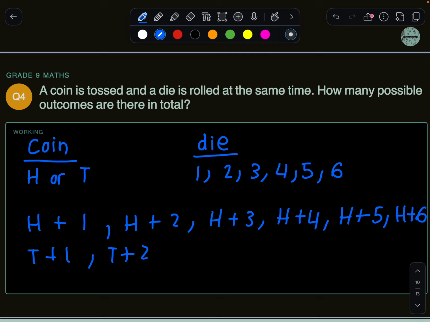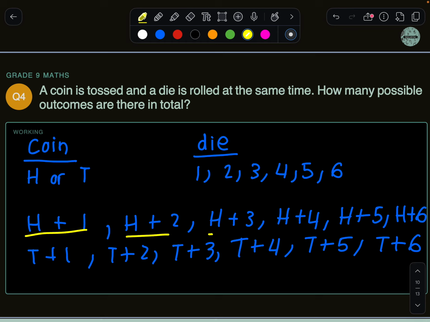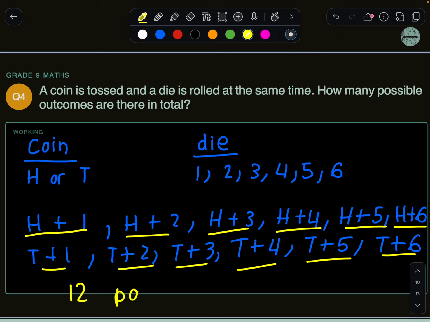Tails and 2, tails and 3, tails and 4, tails and a 5, or tails and a 6. So those are, if you had to list out all the possible outcomes, that is it. But we just want to know how many that is. So it's 1, 2, 3, 4, 5, 6, 7, 8, 9, 10, 11, 12. 12 possible outcomes.